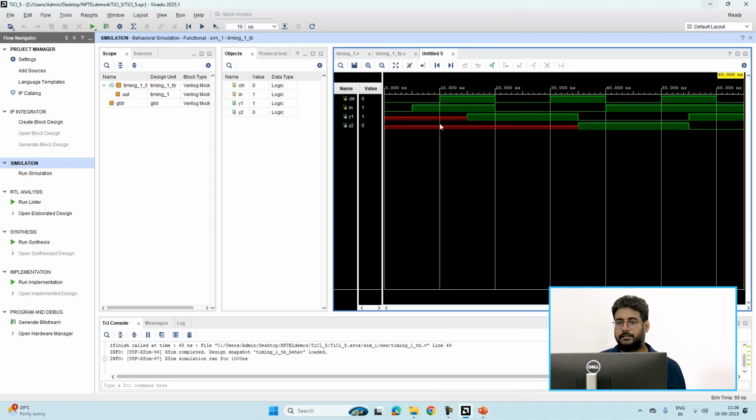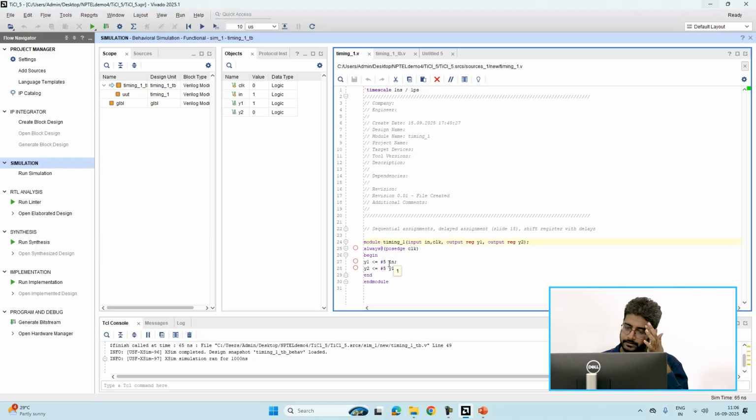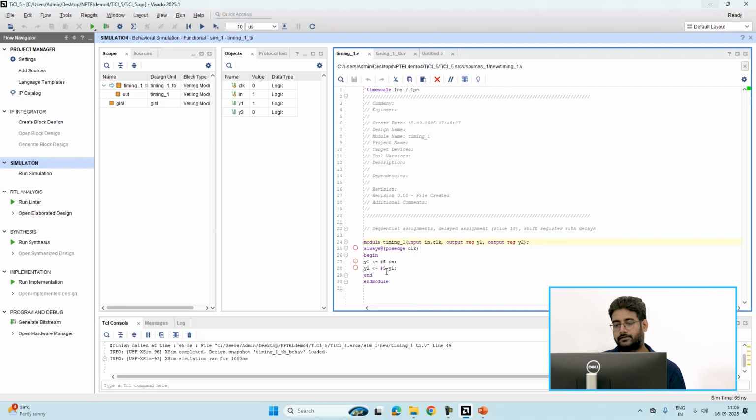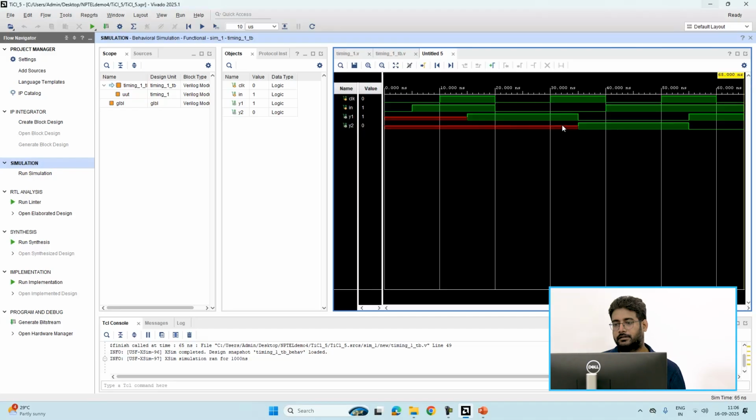So yes, you can see that input is assigned after #5, this 5 time units delay is there, and then y1, and then here again 5 time units delay for assigning this. Okay, the clock is high here, and then 5 time units delay, so this input comes to this.